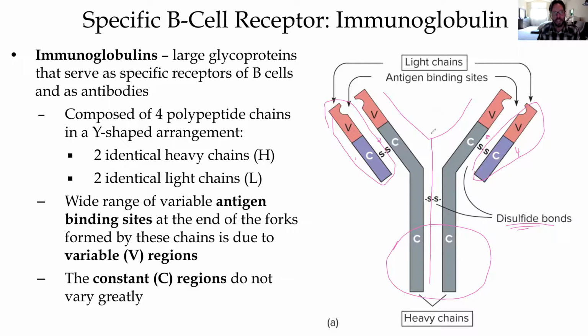There are different regions of the antibody. So C is going to be your constant region, which means it doesn't change. It's the backbone, essentially. And then you have the V regions, or the variable regions. The pink stuff, that's what changes.